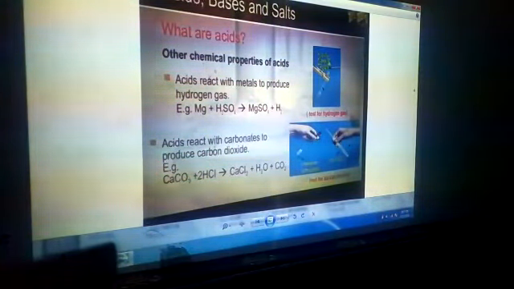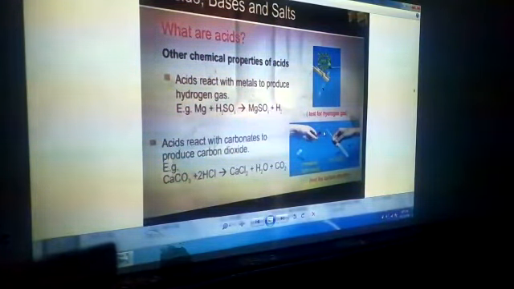In this test tube, we have taken lime water, that is calcium hydroxide, Ca(OH)2, and in this test tube we have taken HCl and calcium carbonate. When calcium carbonate reacts with HCl, it produces calcium chloride, H2O, and a gas evolves, that is CO2.